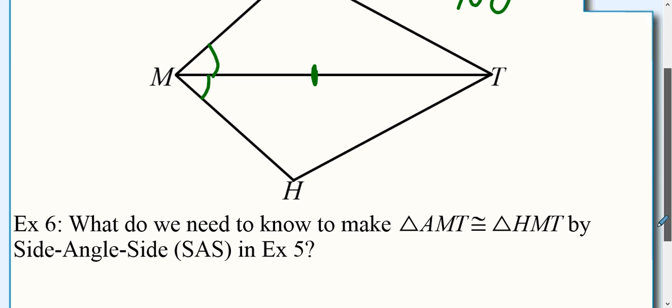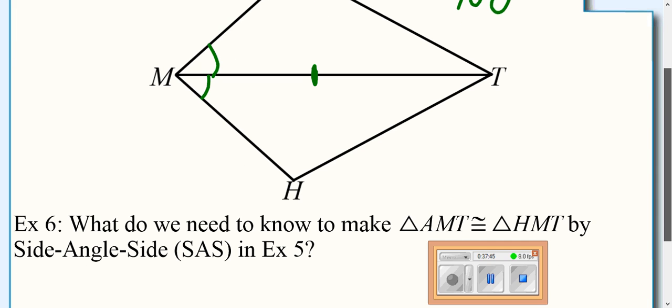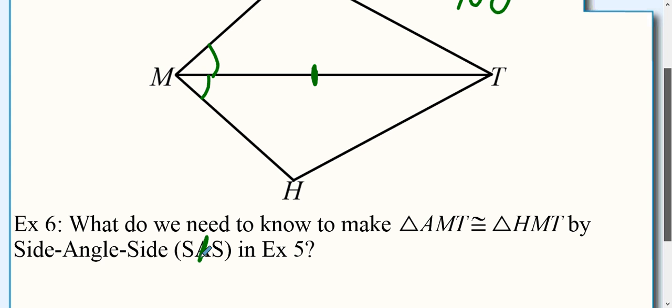So what else would we need for side angle side? So we've got the angle taken care of right there. We've got the side taken care of right there. So that means we need another side. And it has to be the side that the angle is in between. So right now we know this side, and here's our angle.